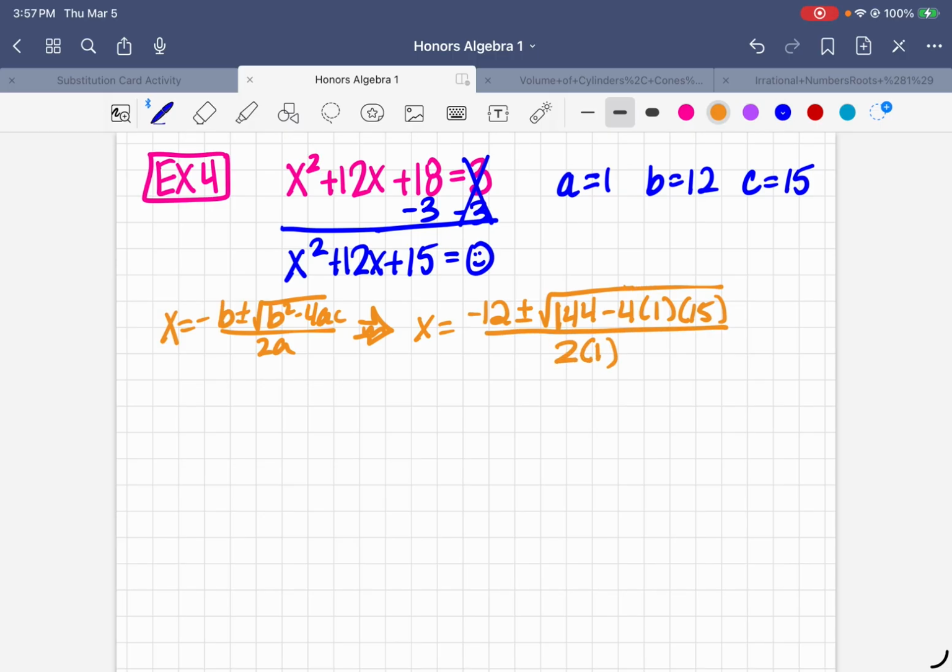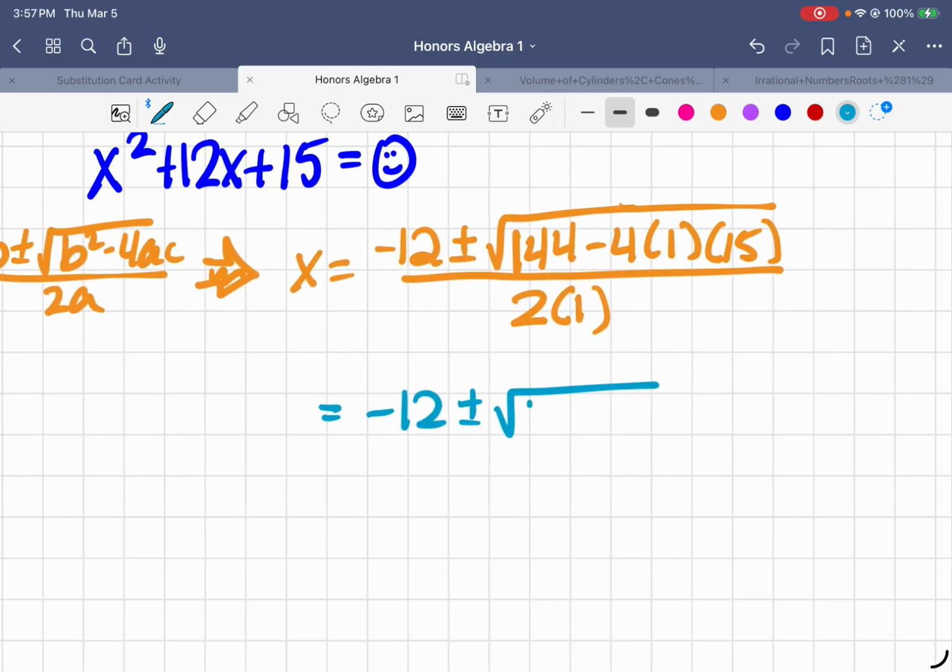So this is negative 12 plus or minus the square root of 144 minus 60, since 4 times 15 is 60. Then we divide by 2. This is negative 12 plus or minus the square root of 84, divided by 2.